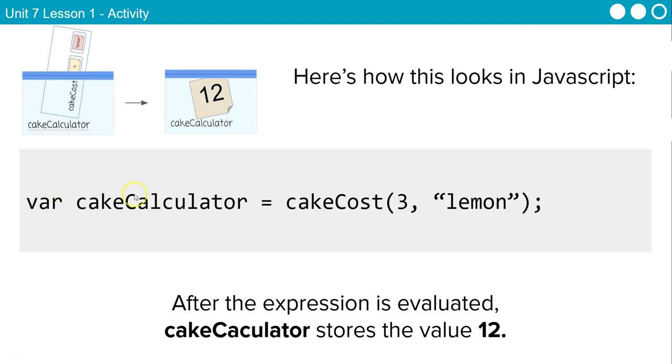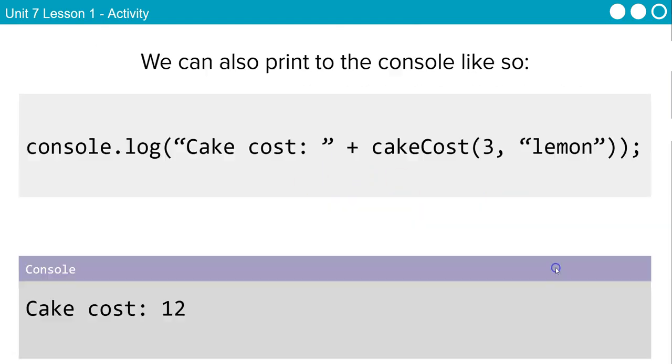So I say variable cake calculator equals, I call my function cake cost and I give it the two arguments that I want. So I'm going to say 3 comma lemon because I'm going to have two parameters in my cake cost definition. Right, so if I console log this out, console log cake cost plus, I'm going to concatenate, call this function, this function has that return.